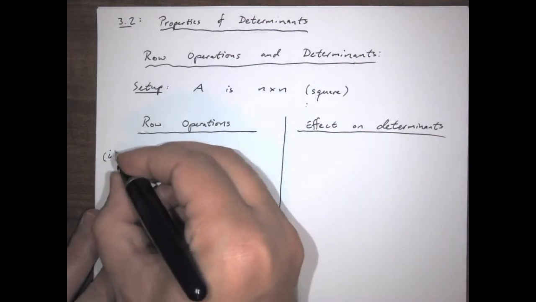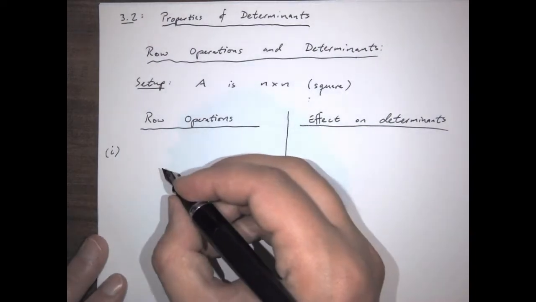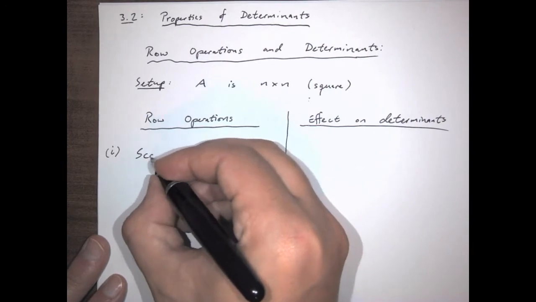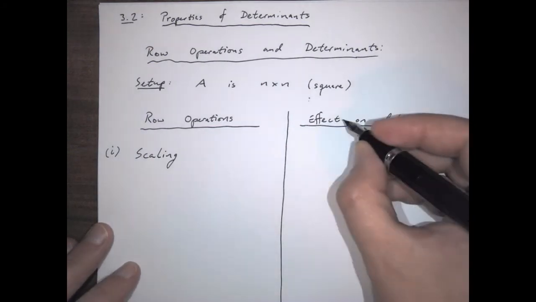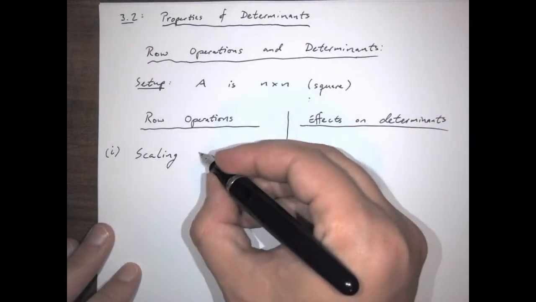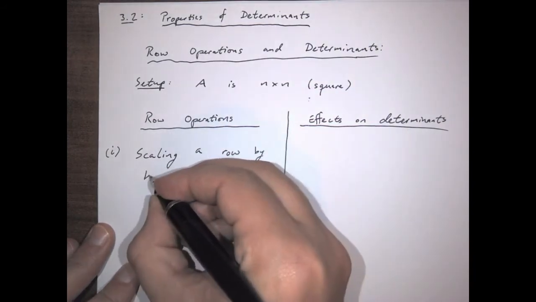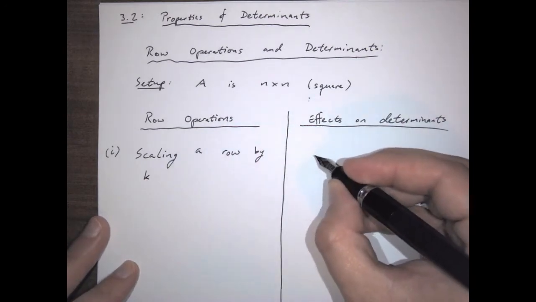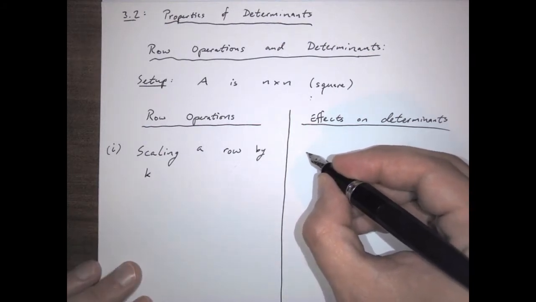So the first major category of row operation is that we can scale, say, one row of a matrix by a factor. So scaling. And let's say scaling a row by a factor of k, just so we have a letter. So the effect of this on the determinant is that it will multiply the determinant by, you guessed it, k.